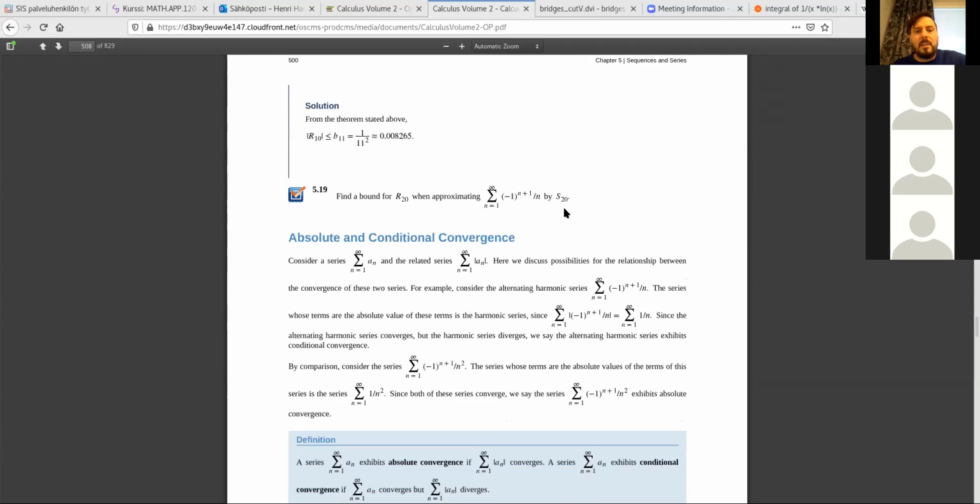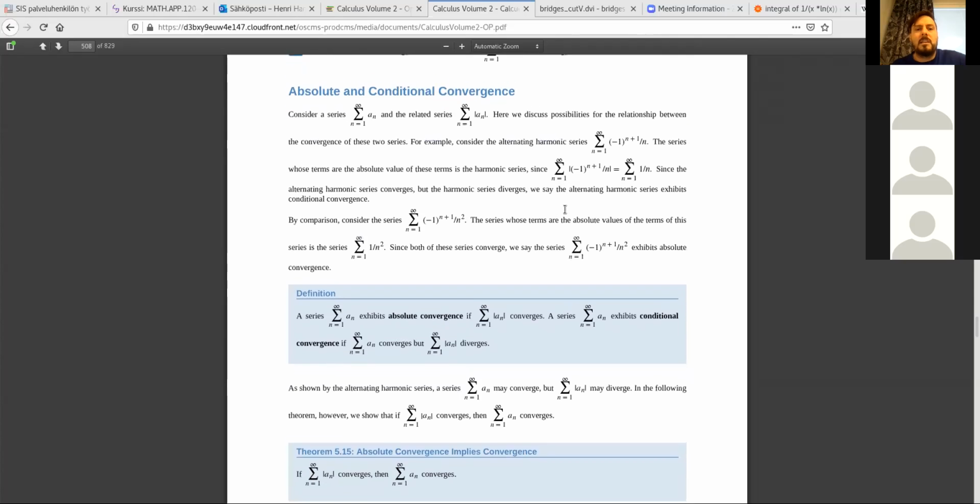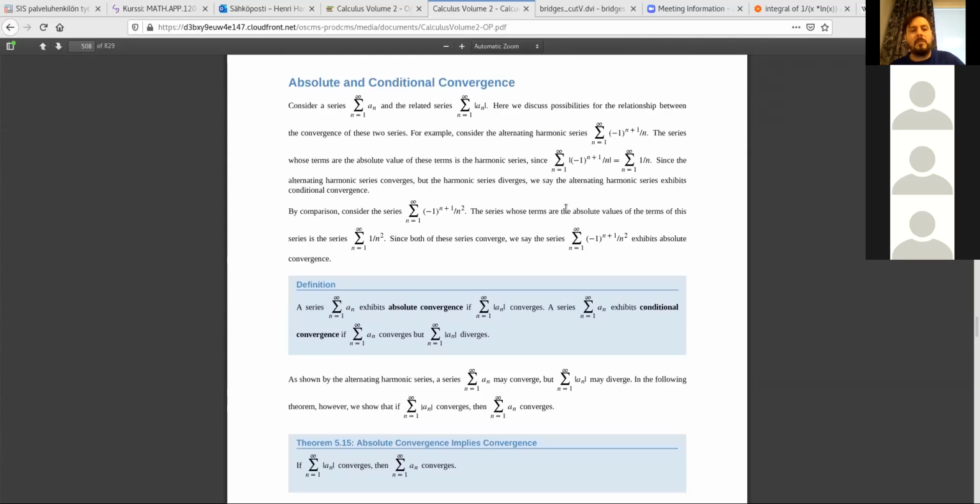Well, one thing about the alternating series is that we can look at what is called absolute convergence. Absolute convergence means that instead of looking at the A sequence or the B sequence that we're dealing with, we can look at the series over the absolute value of A_n.